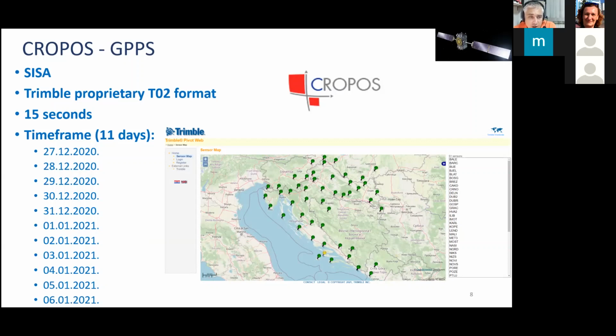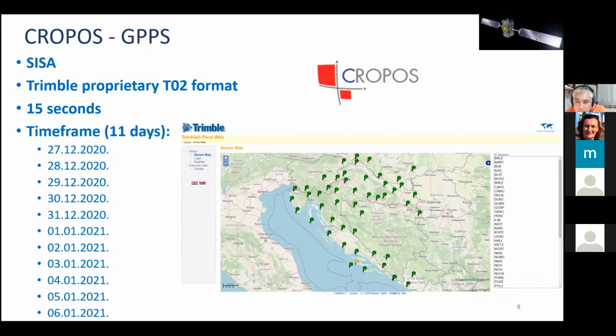The time frame features 11 days, from 27th of December till 6th of January this year. In the figure in the center, you can see the map of the Kropos network. Each single station is marked by a green pin.